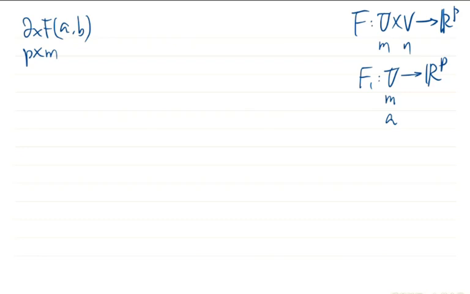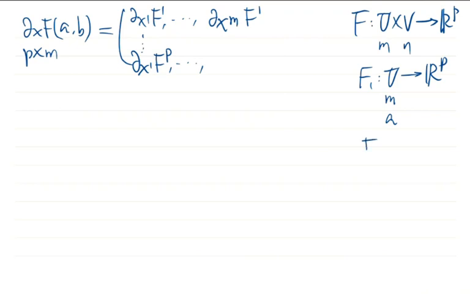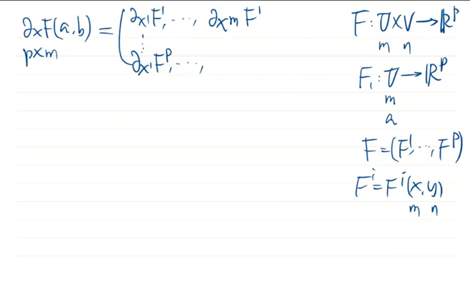Therefore, this matrix is the partial derivatives of f with respect to x1, ..., xm, and here the capital F is (f1, ..., fp), because F maps into Rp, it has p components, f1 to fp. Therefore, every fi is a function of x and y, and x is m-dimensional, y is n-dimensional, so y is fixed as b.